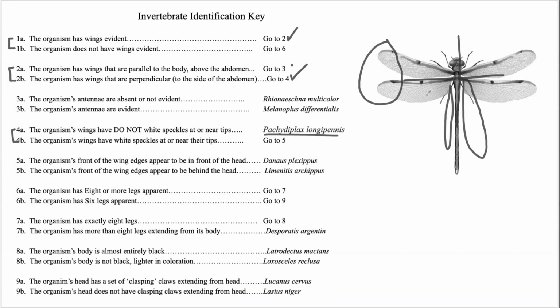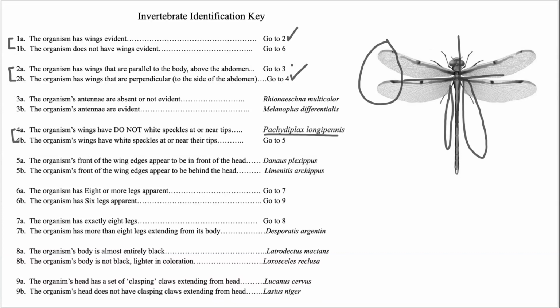But this is a dragonfly. So that's how you use these. You just jump around, follow the traits where they take you, and figure out what it is at the end. If you are working one of these and you ever get a second organism exactly the same as the first one, something's gone wrong. We'll practice this a little bit in the quiz questions that come after this.